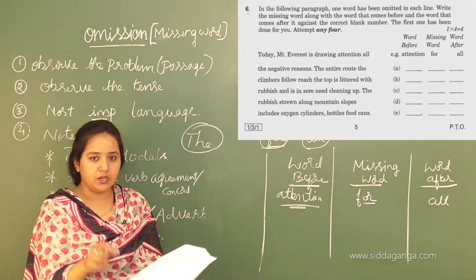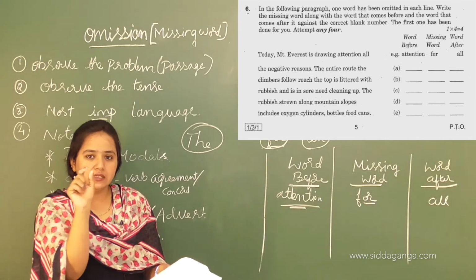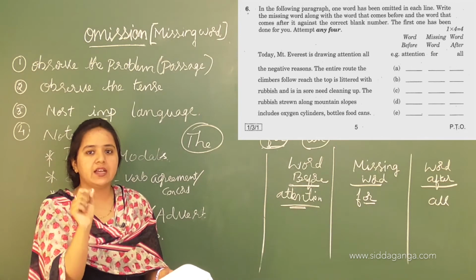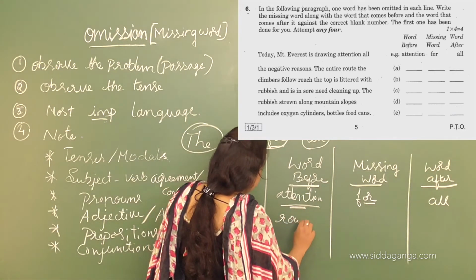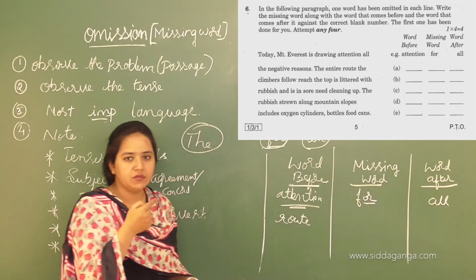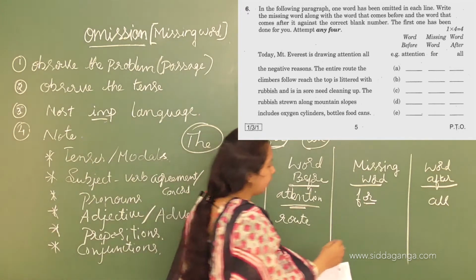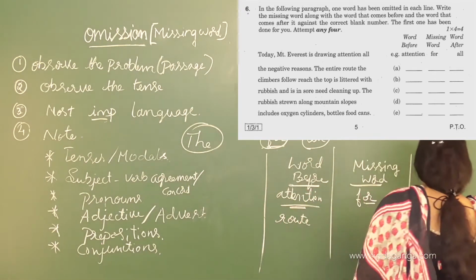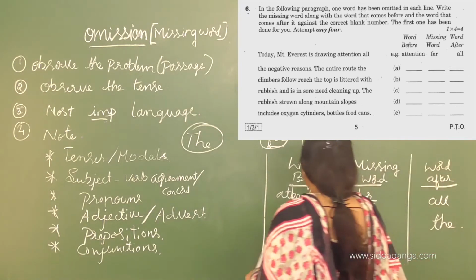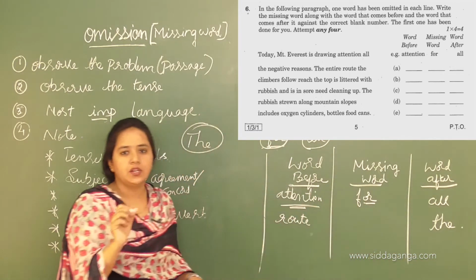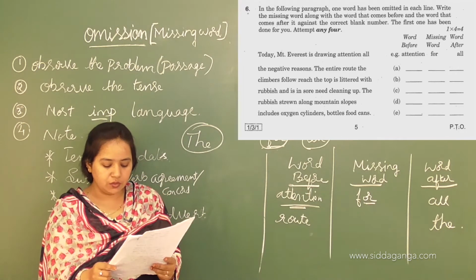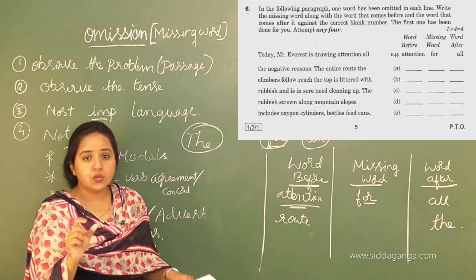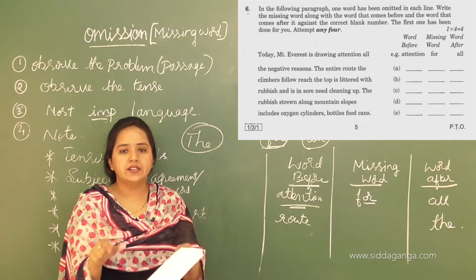Between route and the there is a word missed. Before the missing word what is there? That is route. And after the word what is there? The. So in between there is a word missed. What is that? The entire route, the. So it links the entire routes.